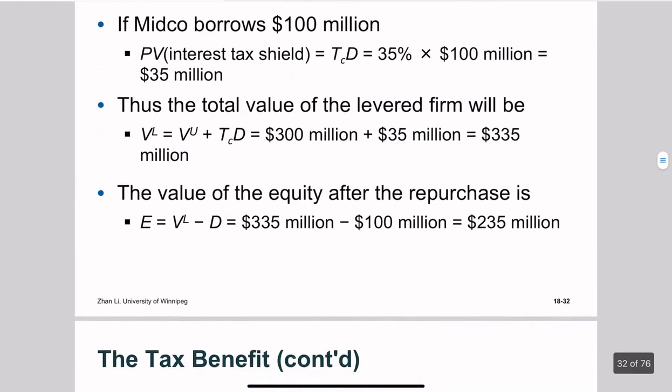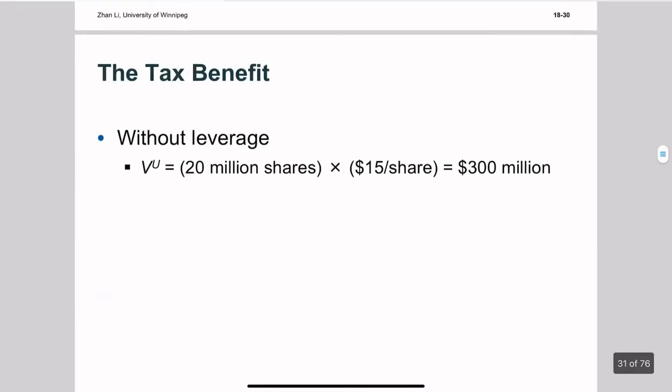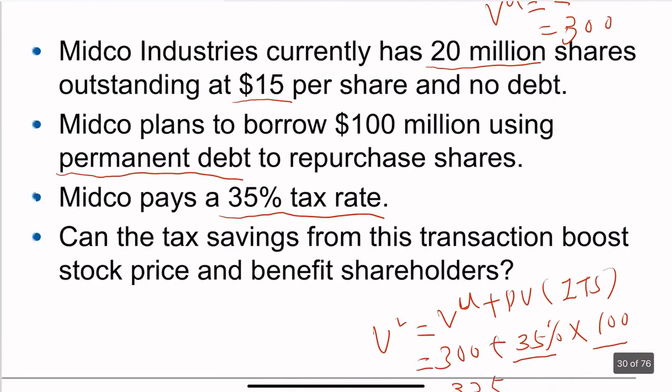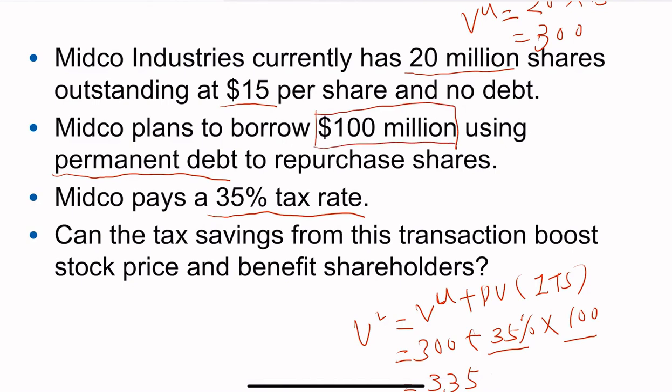And now let's see how shareholders could benefit. Through this leverage recap, the firm will use this $100 million to repurchase shares.